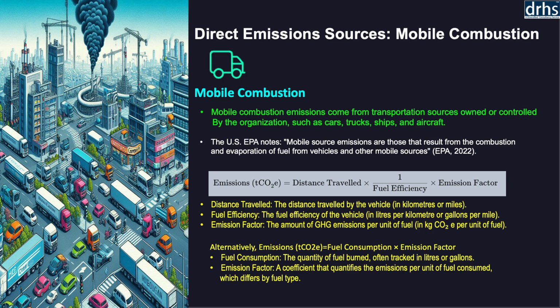Regular maintenance of vehicles to ensure they operate efficiently can also help lower emission. By understanding and managing mobile combustion emission, companies can make informed decisions that contribute to sustainability goals, improve energy efficiency, and reduce overall environmental impact.